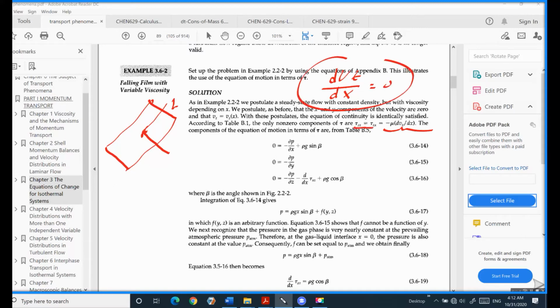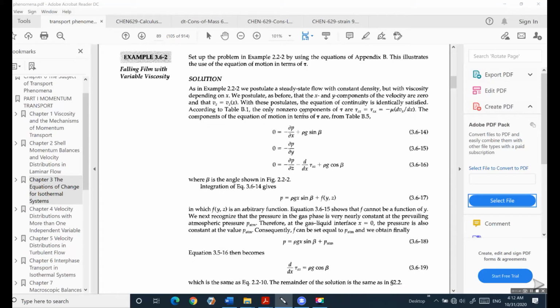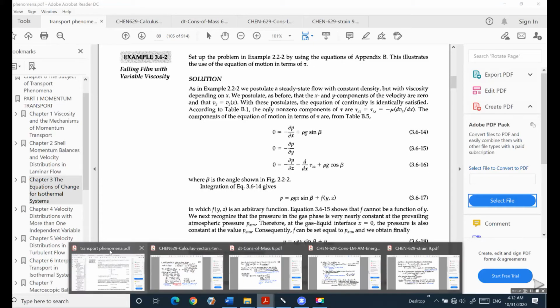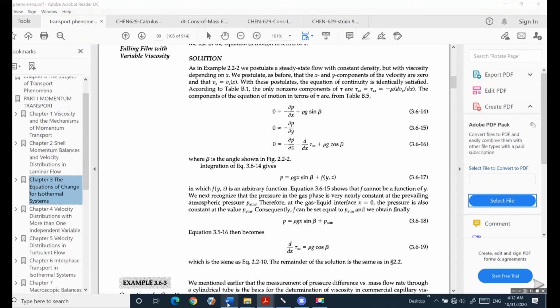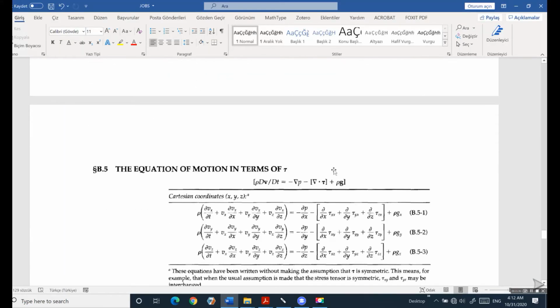So we have this viscous form, and keeping this in mind, we go again to the table to solve our equation of motion.